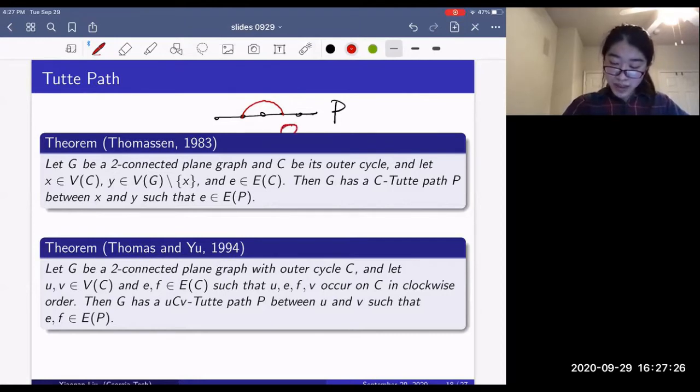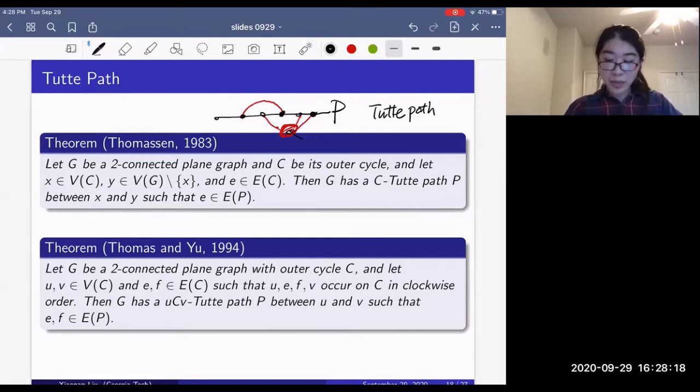Or we have a component with some edges incident with vertices in P. These are also bridges. The vertices where a bridge meets P are called the attachments of that bridge.